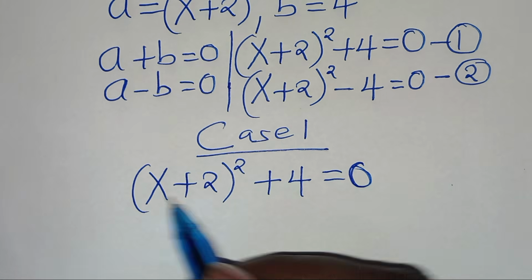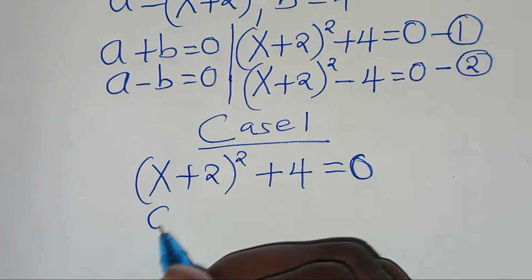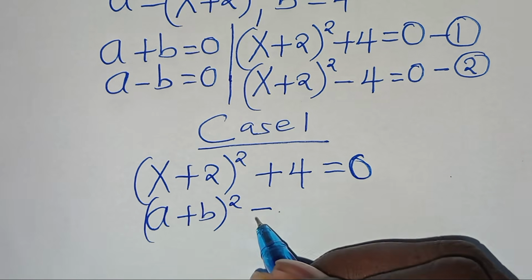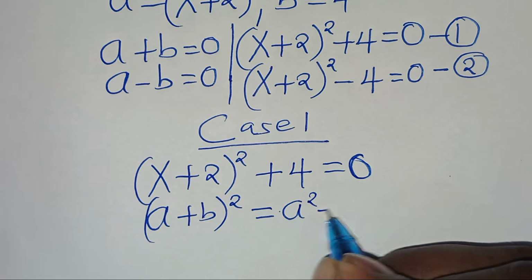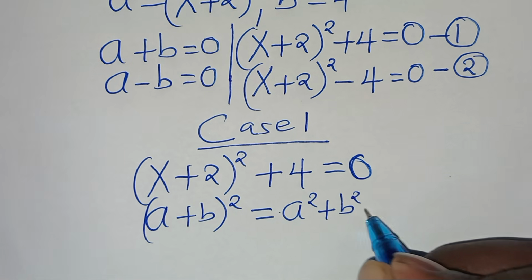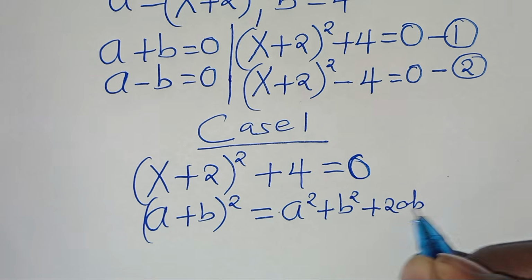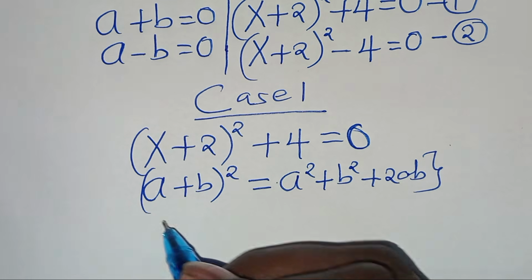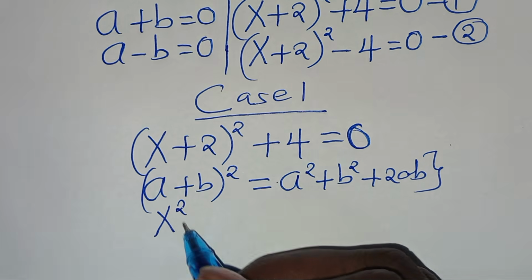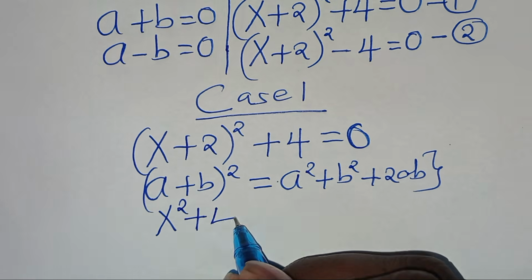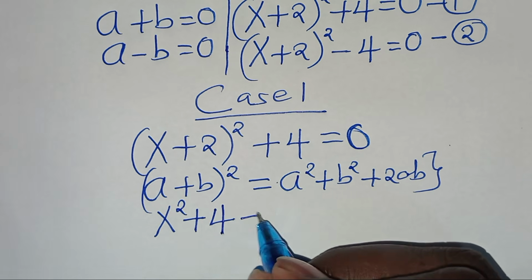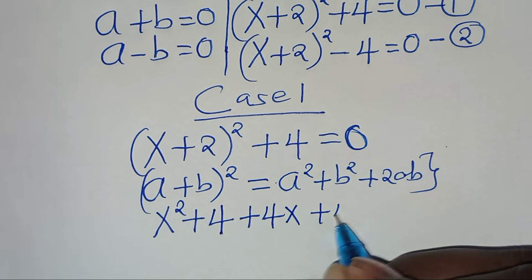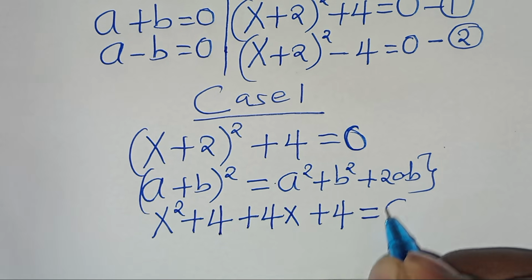Now (x + 2)^2 is of the form (a + b)^2, which we can express as a^2 + b^2 + 2ab. So applying this algebraic identity, we have x^2 + 2^2, which is 4, then plus 4x, then plus 4, equal to 0.